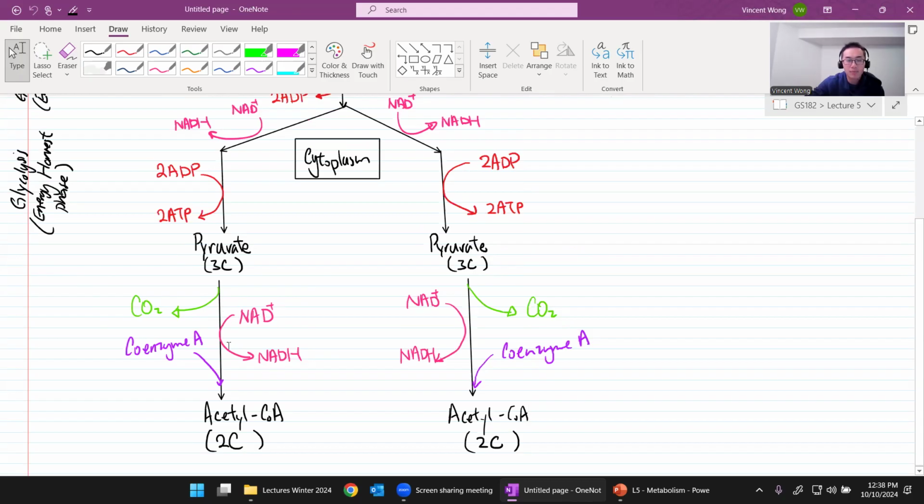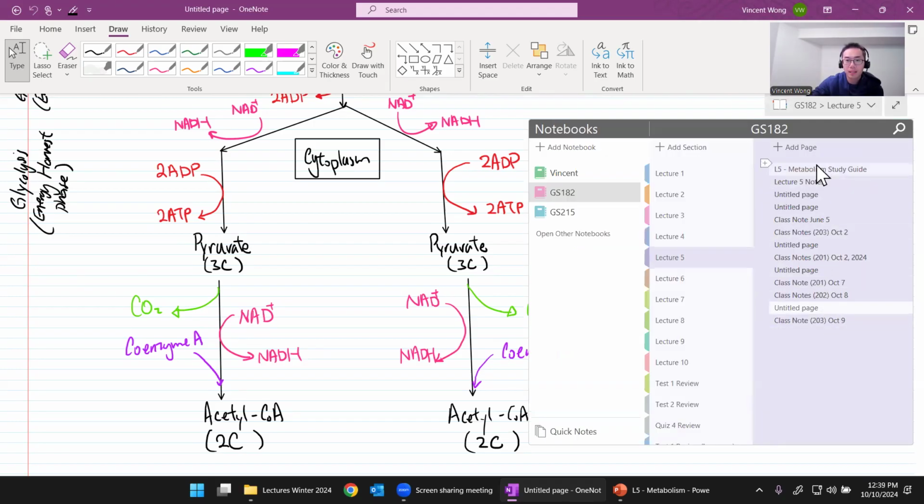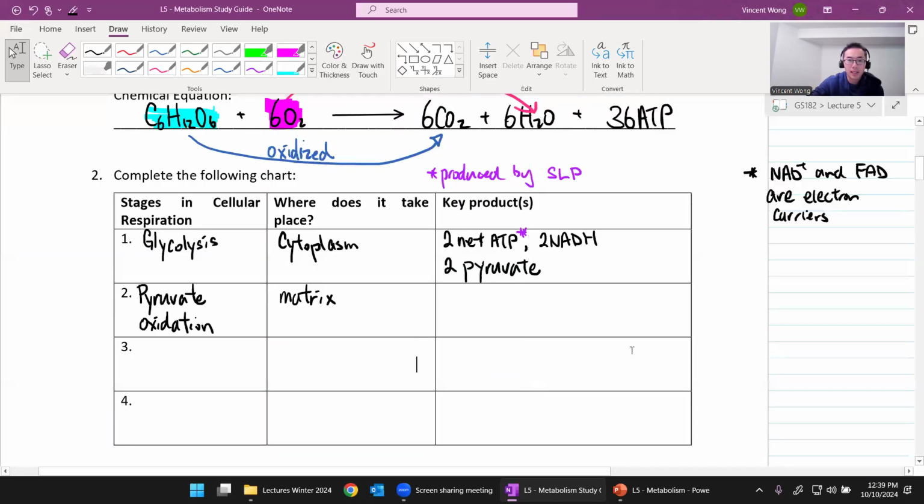And by now, you've pretty much used up the investment that we put in at the beginning, the 2 ATP that we've invested. And so we need to recharge the molecule. And that's what the coenzyme A is. Coenzyme A is going to re-energize the molecule so that it is going to react further. So over here, the key products are 2 carbon dioxide, 2 NADH, and 2 acetyl-CoA.